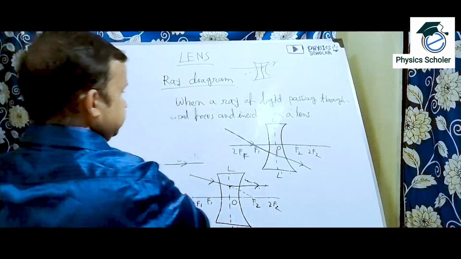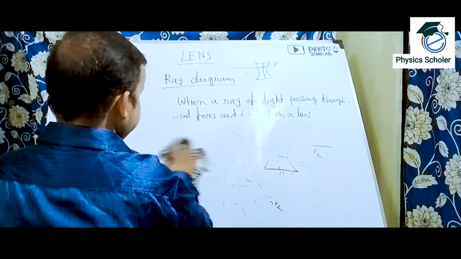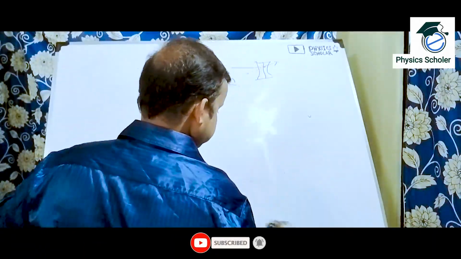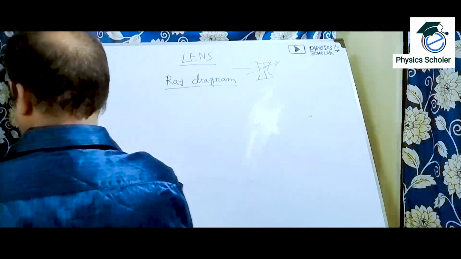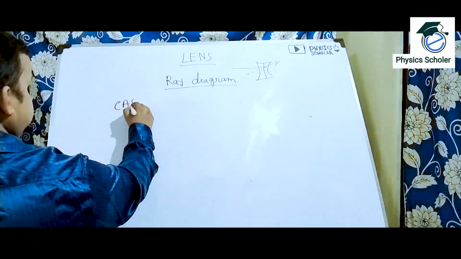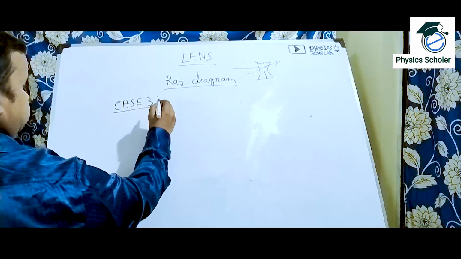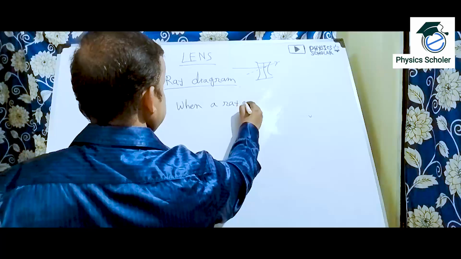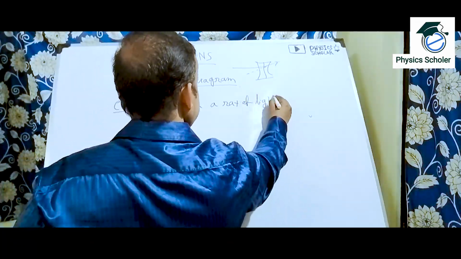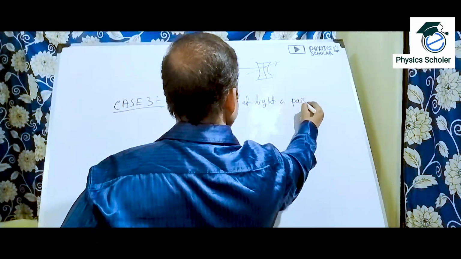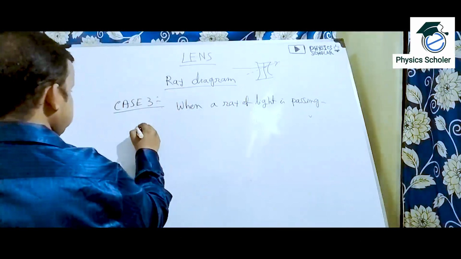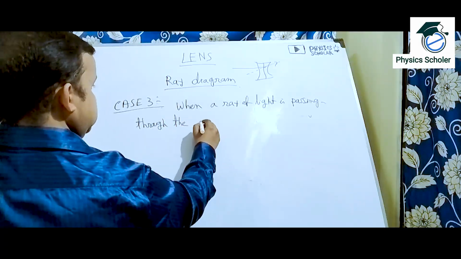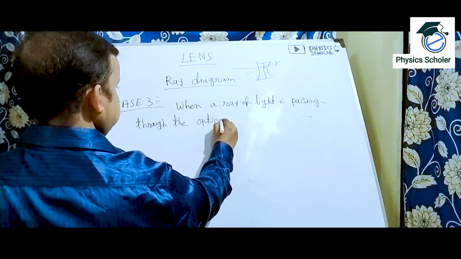Now case 3. When a ray of light is passing through the optical center.